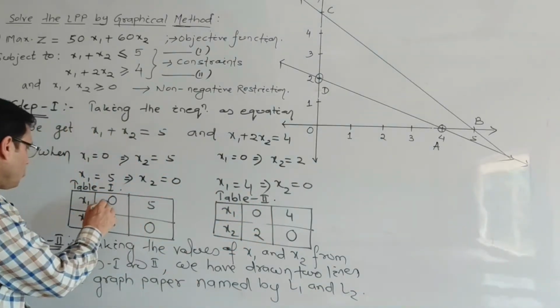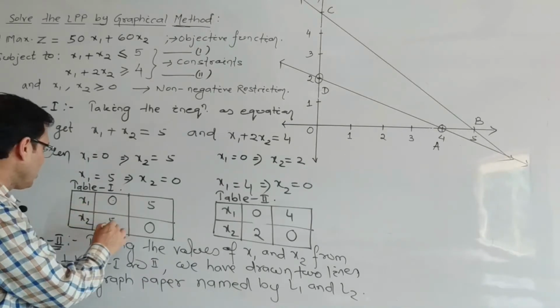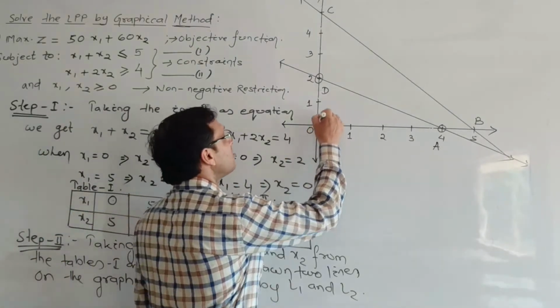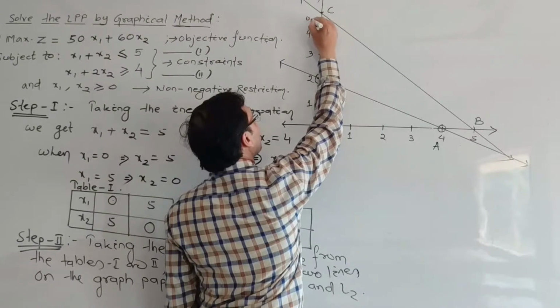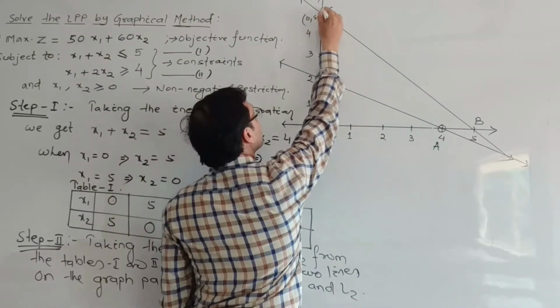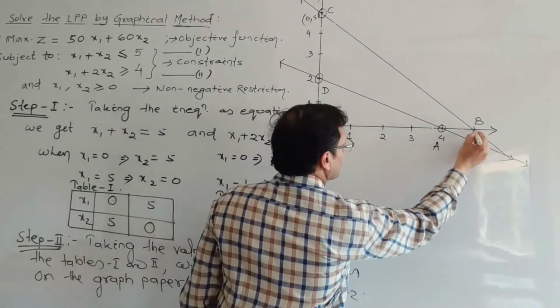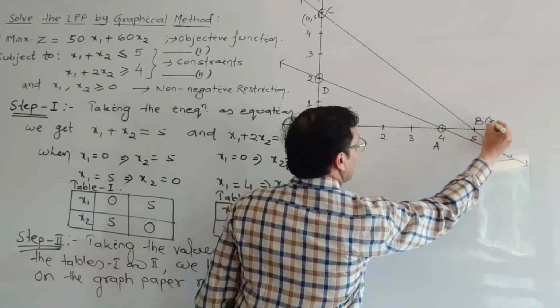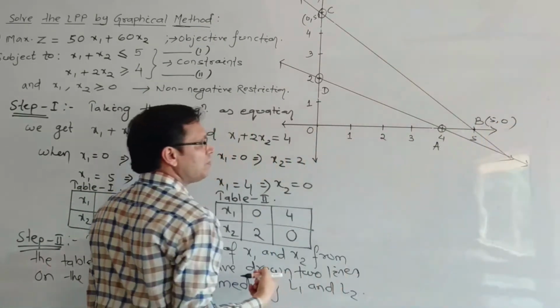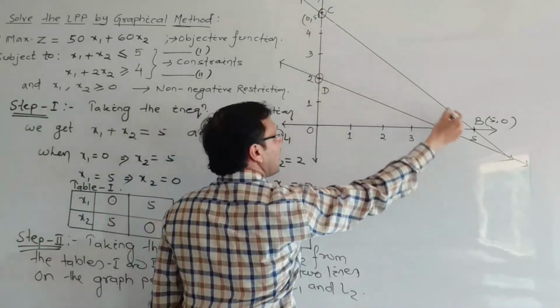Now take these 2 points. When x1 is 0, x2 is 5, that is the point (0, 5). Another one is when x1 is equal to 5, it is (5, 0), the point B. Now we'll draw the line here.